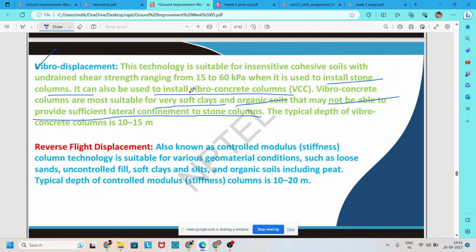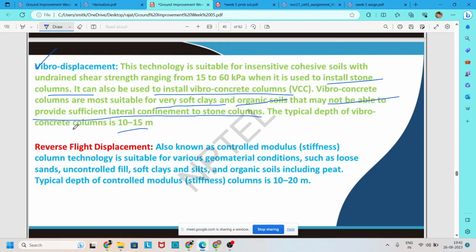There is no need to distribute the load into the surrounding soil. It takes the loads by itself only. For that, the vibro concrete column is suitable. This technique is also suitable for 10 to 15 meter depth.